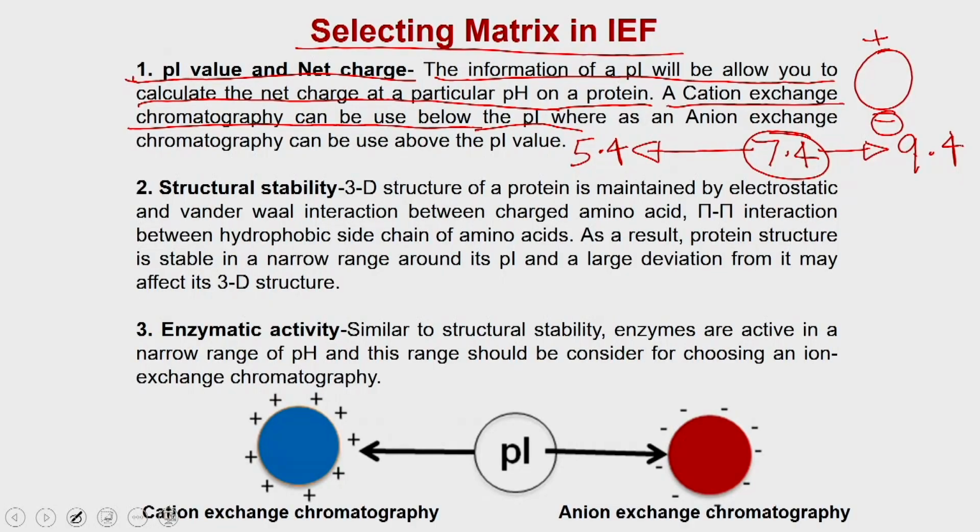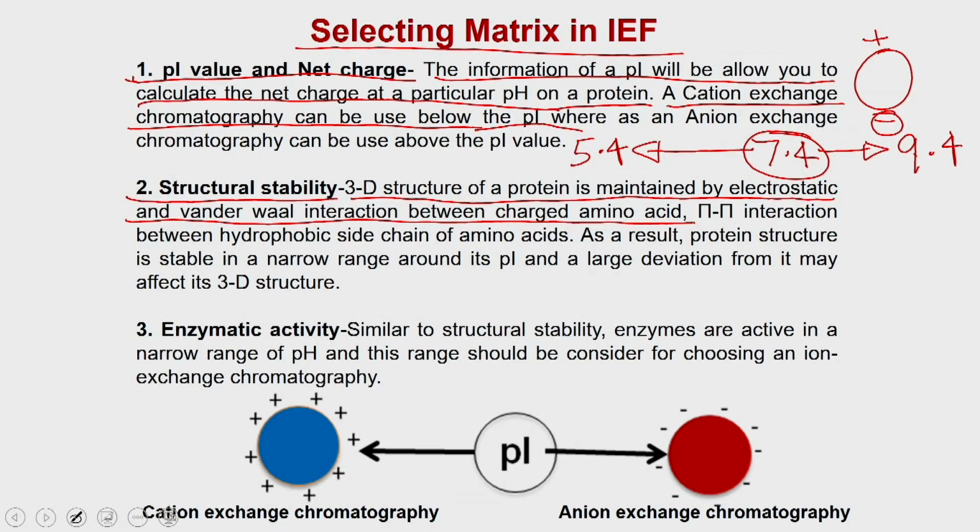Now, the second criterion is structural stability. You know that a protein has a 3-dimensional structure, and this structure is maintained by electrostatic and van der Waals interactions between the charged amino acids. For example, arginine makes an interaction with glutamic acid, or some kind of salt bridge interaction, or sometimes arginine makes van der Waals or hydrogen bonding interactions, and most of these interactions are ionic in nature.